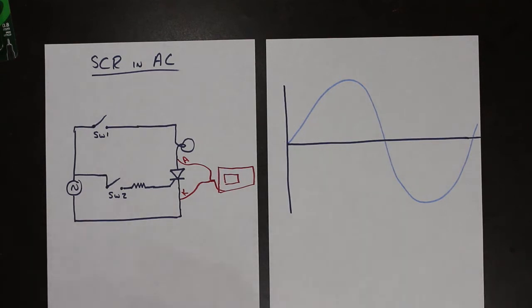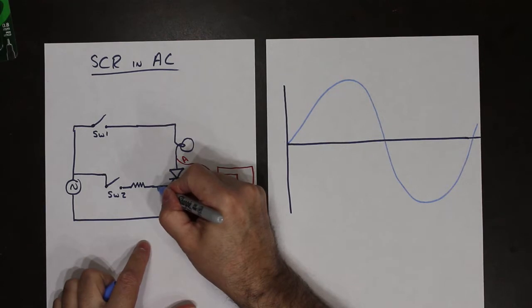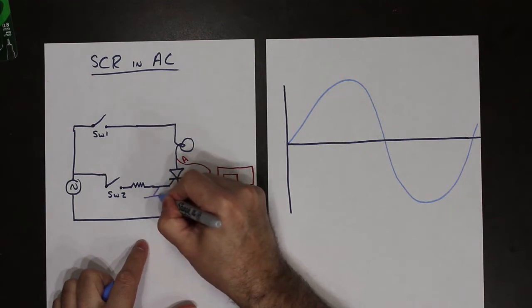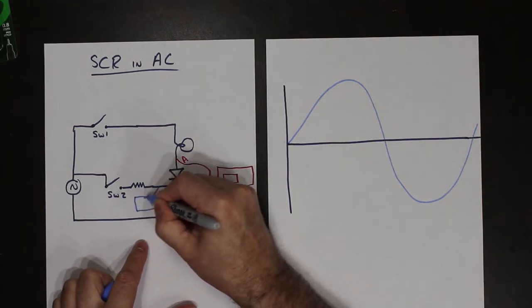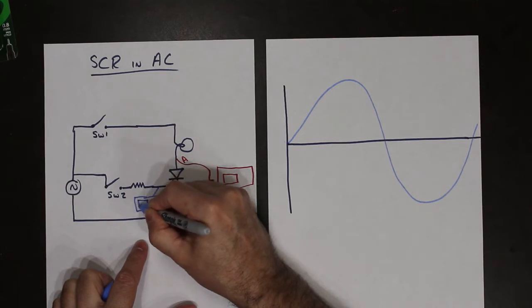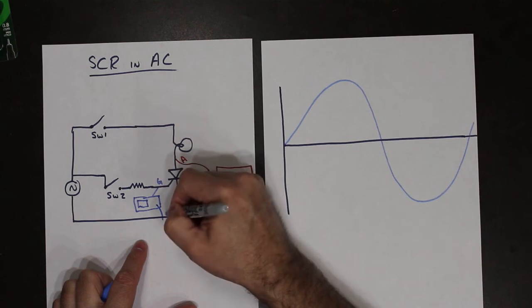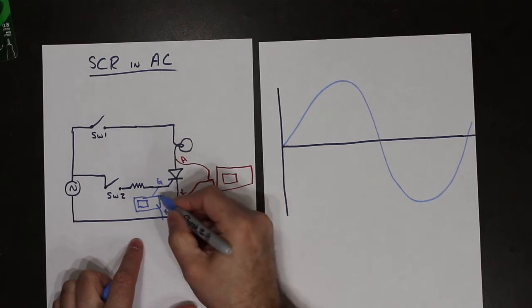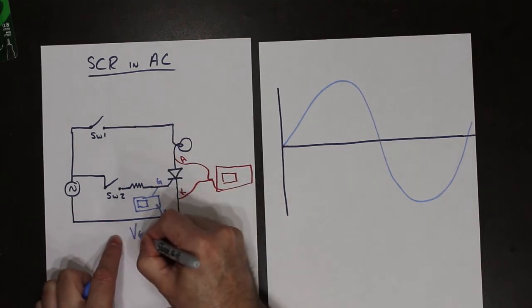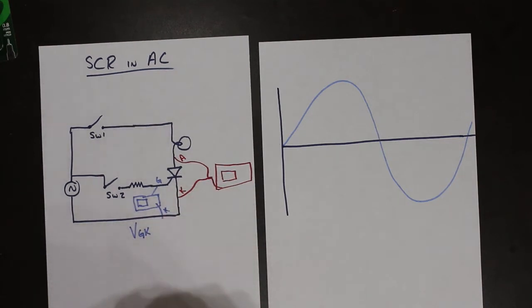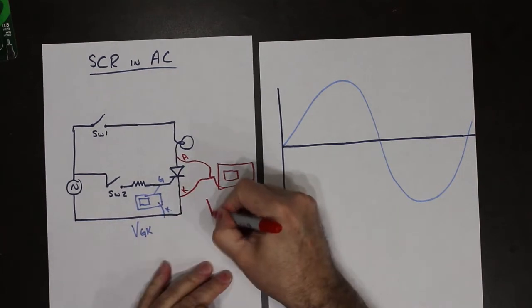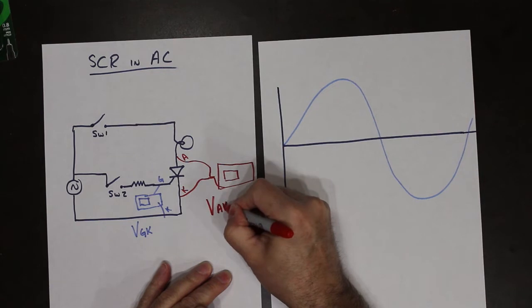In the lab, we also hook up another scope on the gate circuit from gate to cathode. So here we're looking at the voltage gate to cathode, and here we're looking at the voltage anode to cathode.